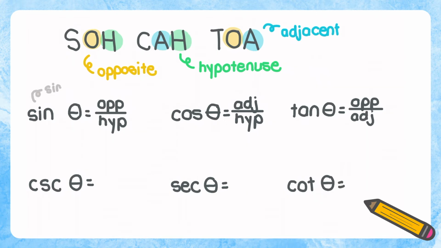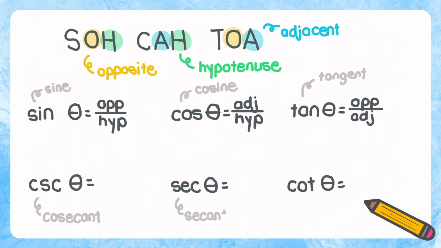And you know how technically it's not sin, it's sine, and we have cosine and also tangent. So these bottom ones are actually longer words as well. So CSC is short for cosecant. SEC is short for secant.